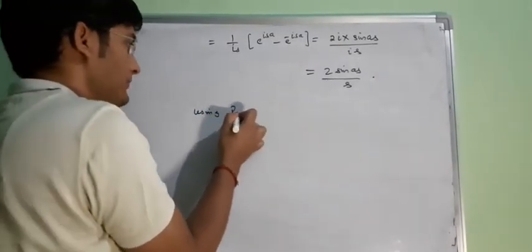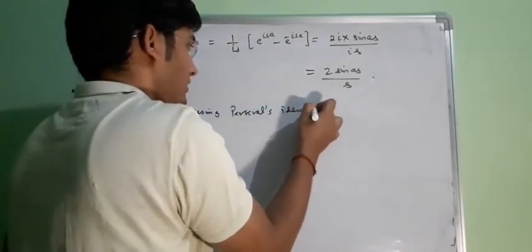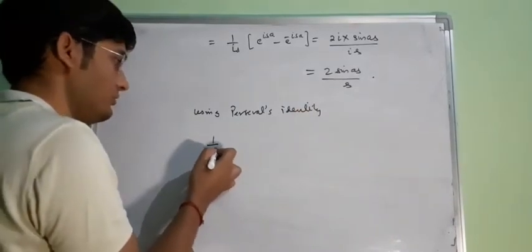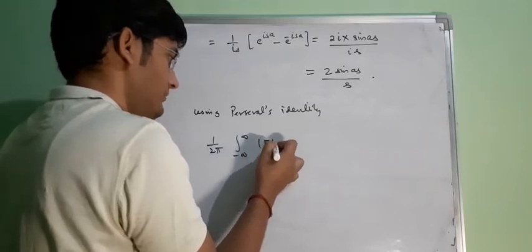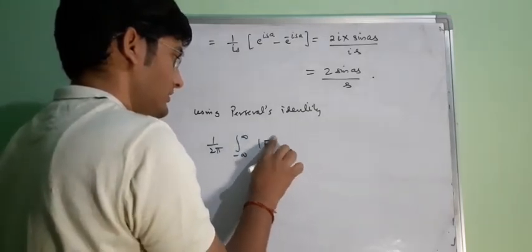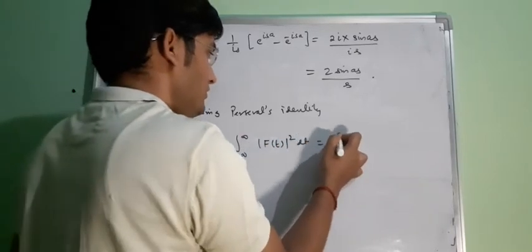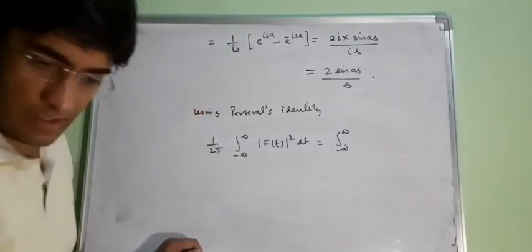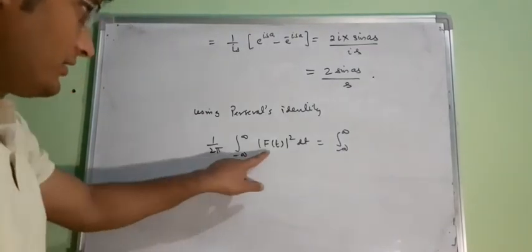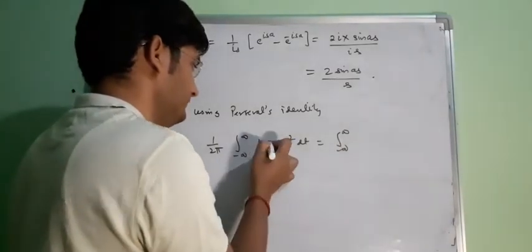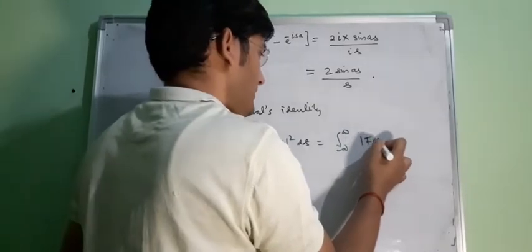Using the Parseval identity, this was 1 upon 2π, the integral from minus infinity to infinity of |F(s)|² ds, equal to the integral from minus infinity to infinity of |f(t)|² dt. I think our Parseval identity was 1 upon 2π. Here we have F(s) squared, and on the right hand side we have |f(t)|².